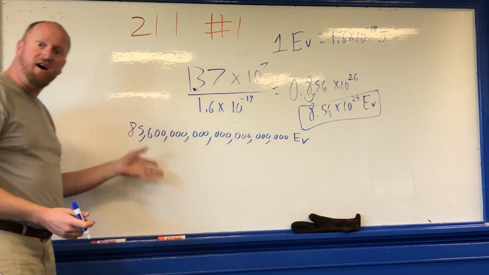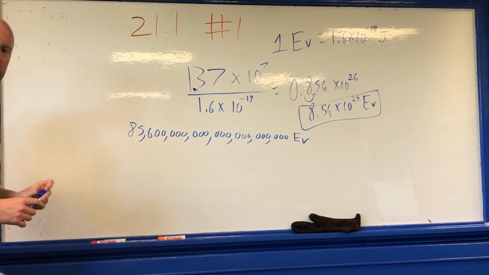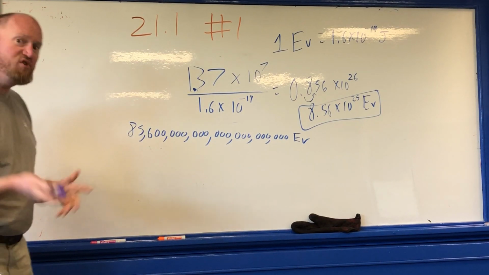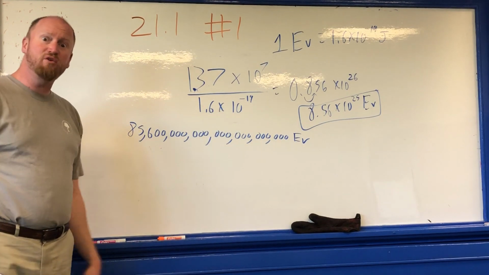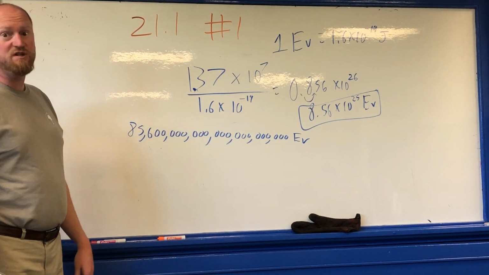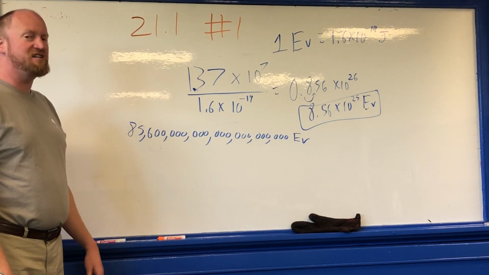The chances of messing that up, losing a zero, are big, and if you lose a zero, you're off by an order of magnitude. So please, please, please, use your scientific notation.